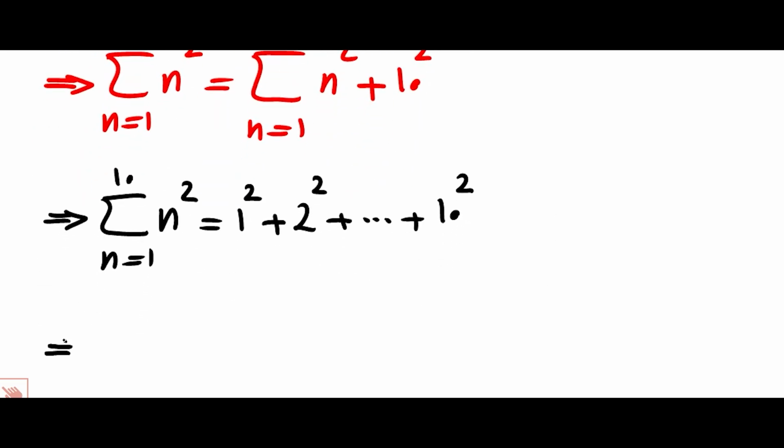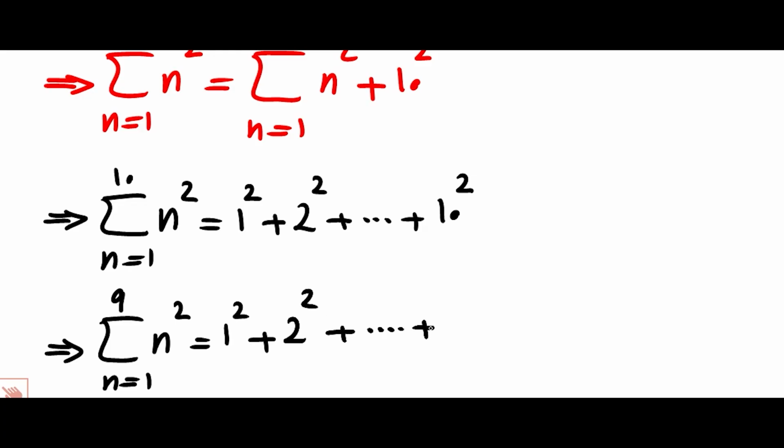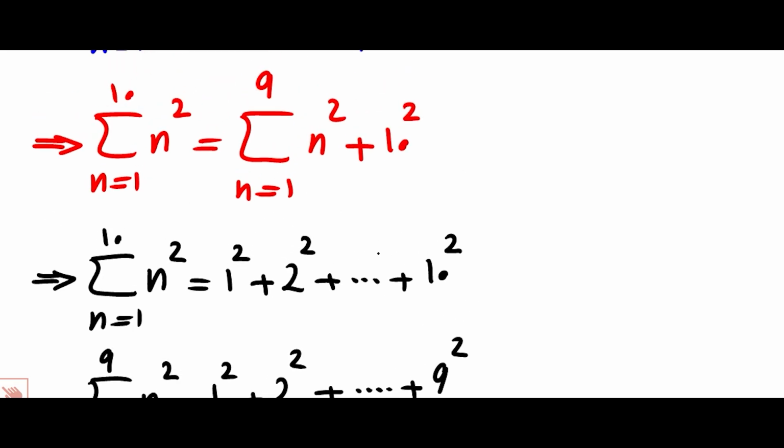And the sum of n squared from n equals 1 to 9 equals 1 squared plus 2 squared and so on up to 9 squared. So the sum of n squared from n equals 1 to 10 equals the sum of n squared from n equals 1 to 9 plus 10 squared, or the sum from n equals 1 to 9 plus 100.